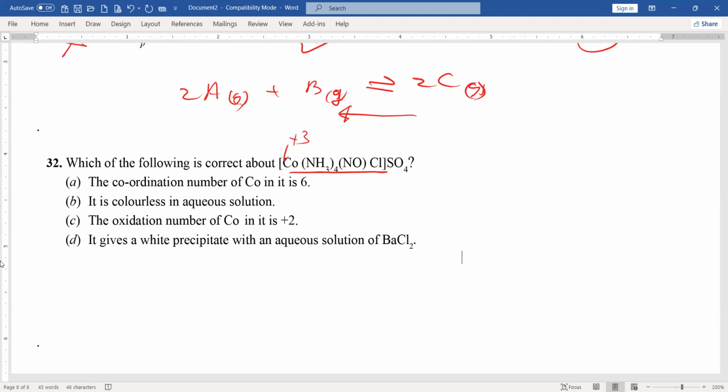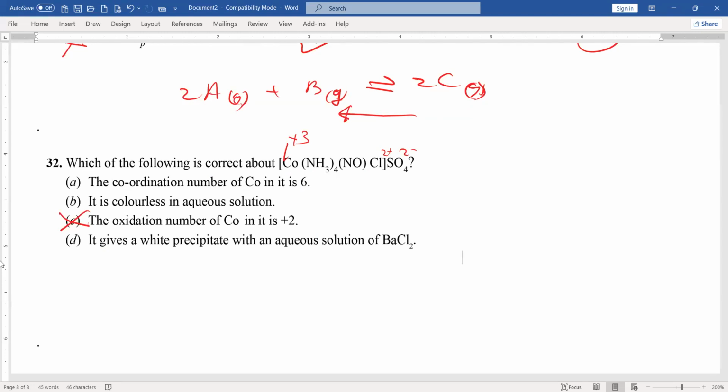Why? Sulfate is 2 minus, so the complex cation must be 2 plus. With Cl minus present, one oxidation state has been lost because of the presence of the Cl. Others are neutral. The cobalt must be +3. The statement that the oxidation number of cobalt is +2 is wrong. It is +3.